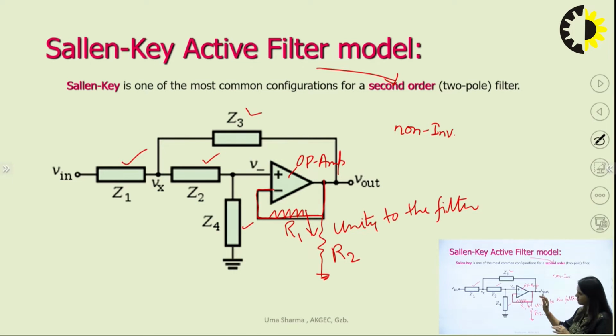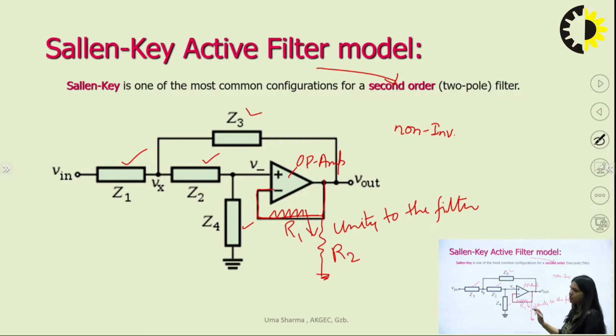So if we add this R1 and R2 in this circuit, then this is known as the Sallen-Key active filter model with gain. If we remove this, then this is known as the Sallen-Key active filter model with unity gain.